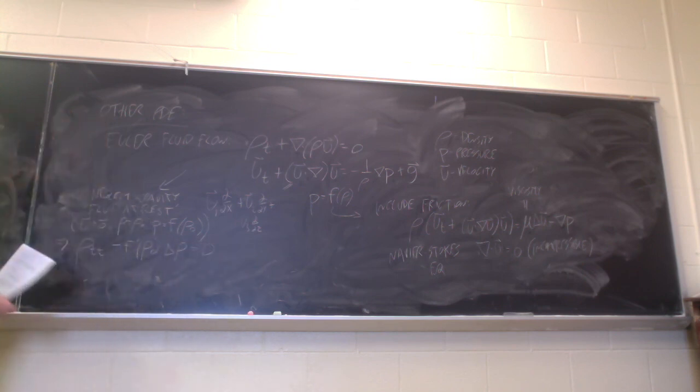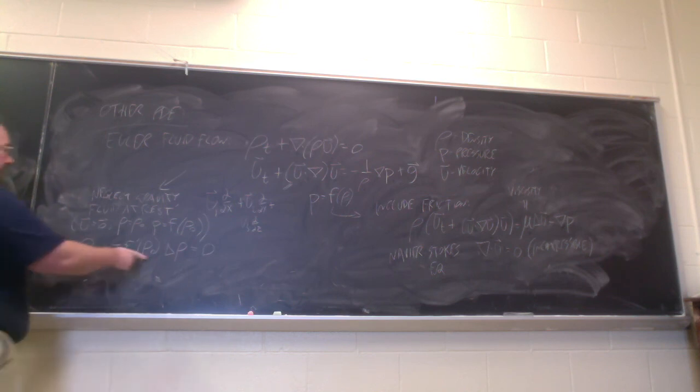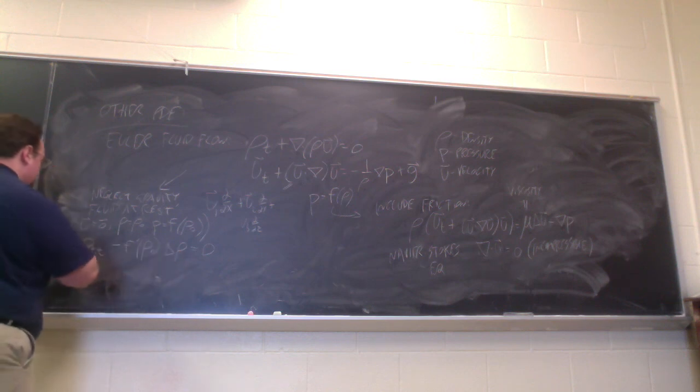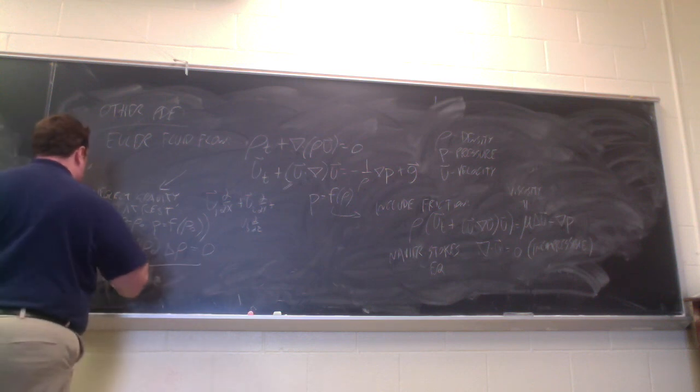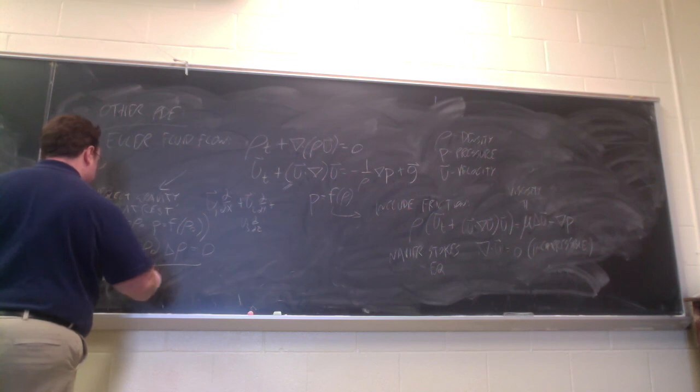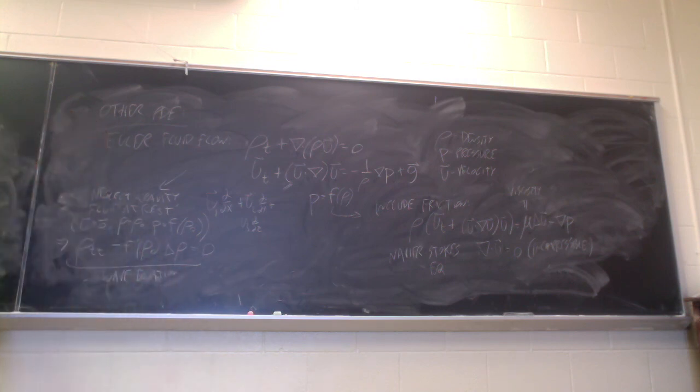And a similar equation holds for the pressure. So pressure tt minus something times the Laplacian of P is 0. So this is a wave equation, where f prime indicates the speed at which waves can propagate through this fluid.